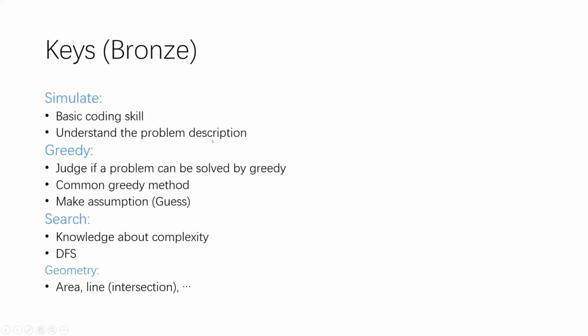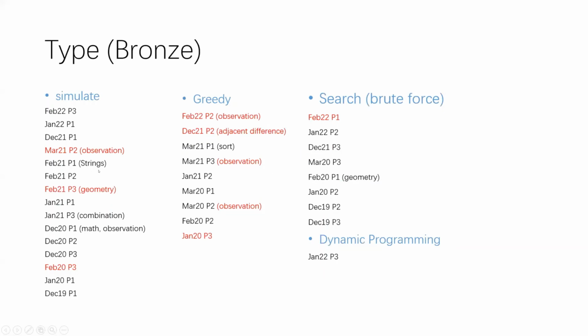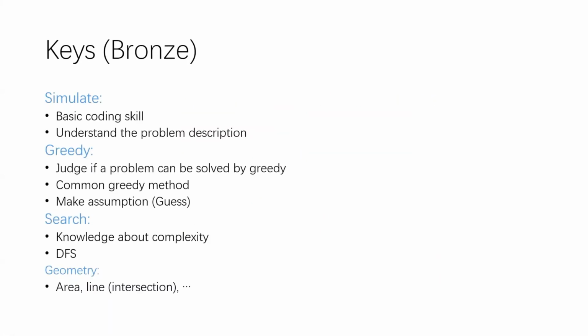And the second part is very important, I think, in bronze level, because the greedy problem appears many times, and the greedy problem could be difficult. Because in bronze level we do not have other algorithms like DP, very few DP problems, no data structure, no graph.